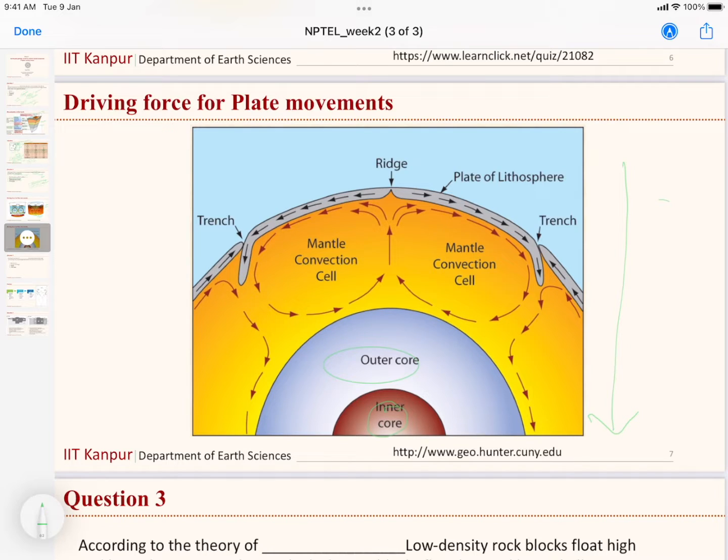So here is the top surface, and here we are at a core which is around 6,371 kilometers.